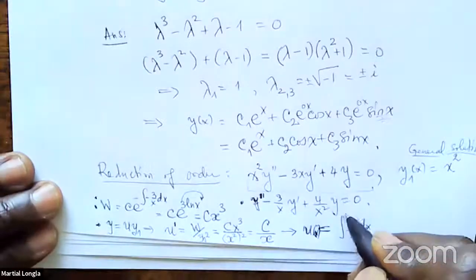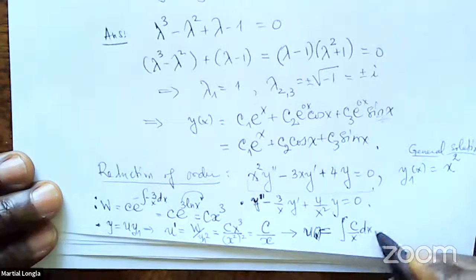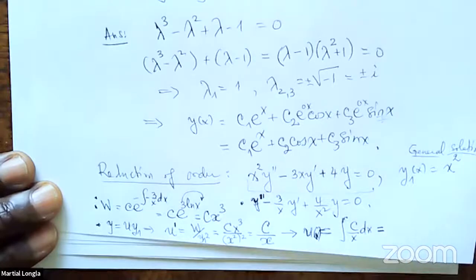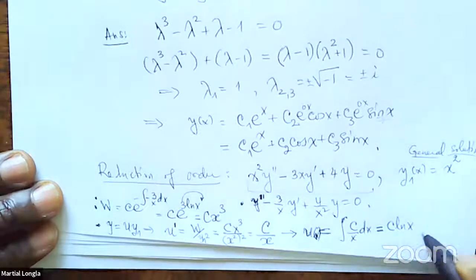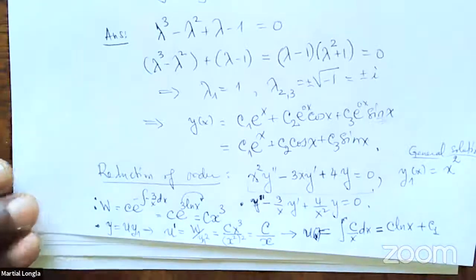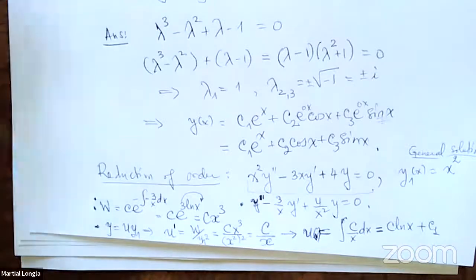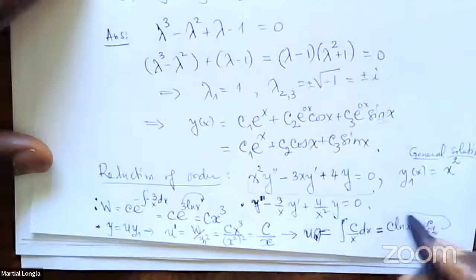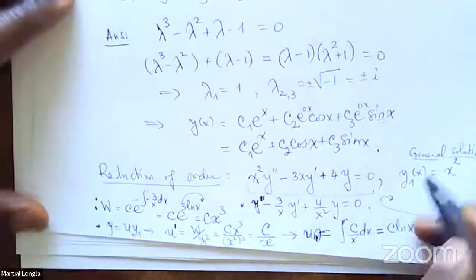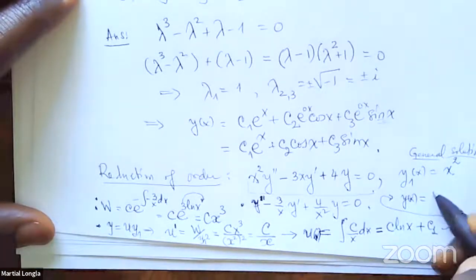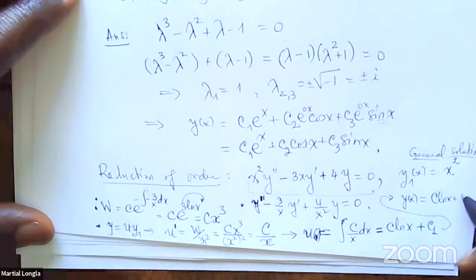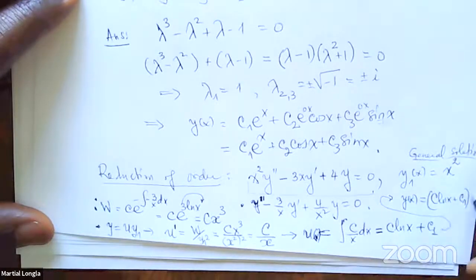And so here, what happens? So when we integrate here, what do we get? You're gonna get c natural log of x plus the constant of integration, right? That's it. And then you take that and multiply by y1 to get y of x equals c natural log of x plus c1 times x squared.